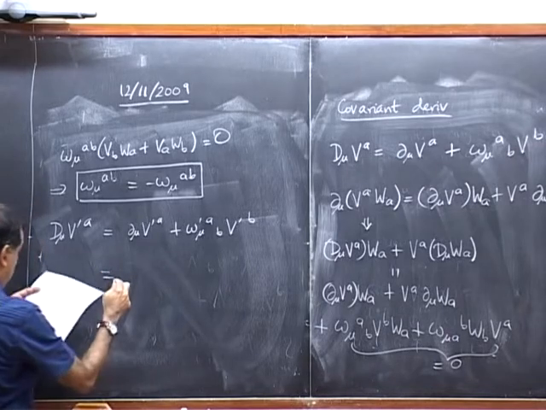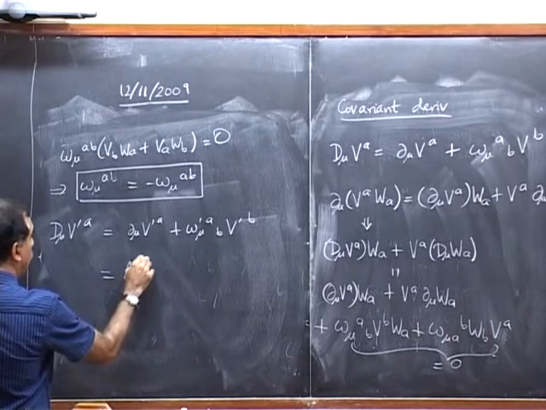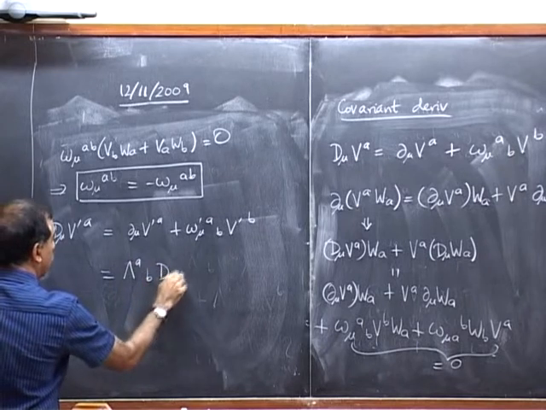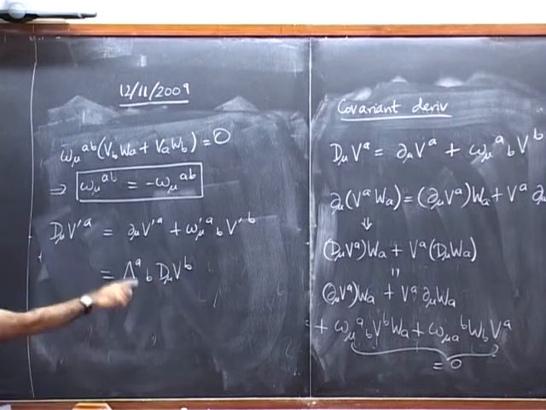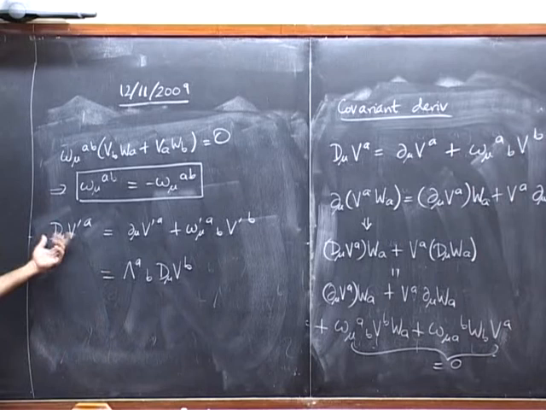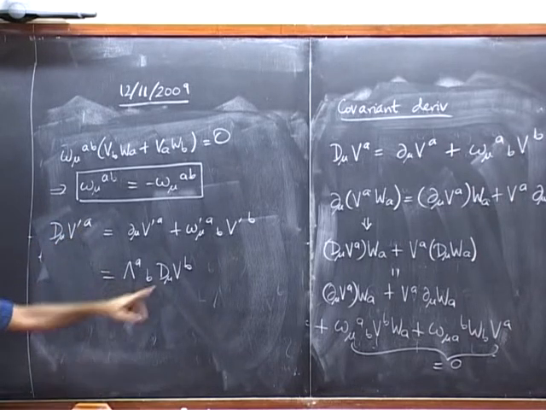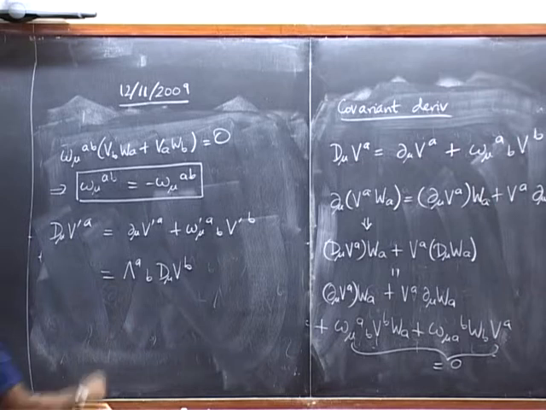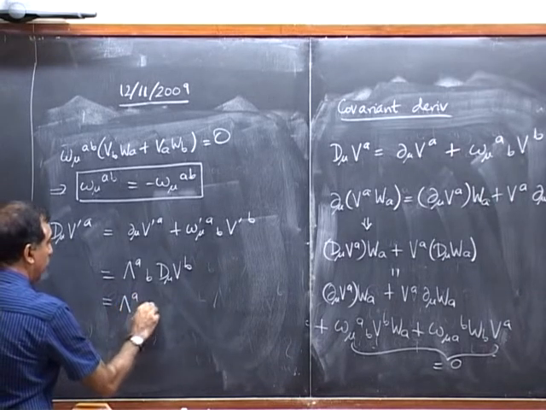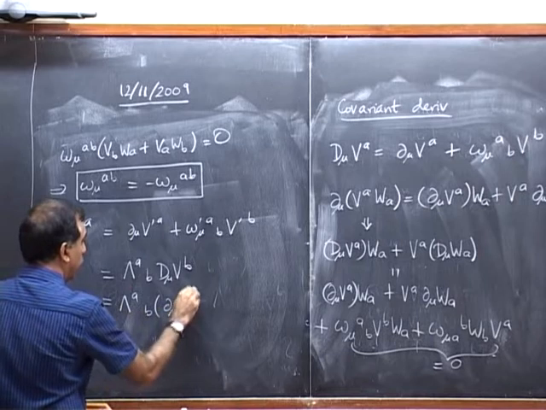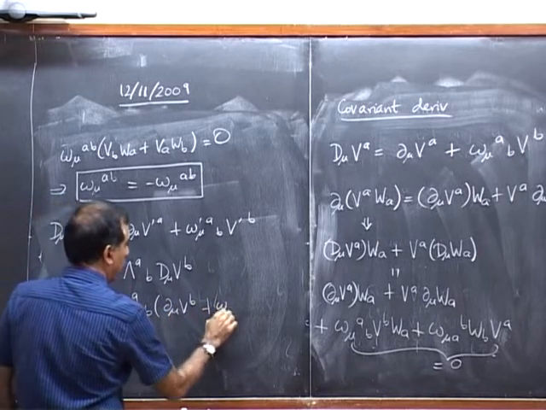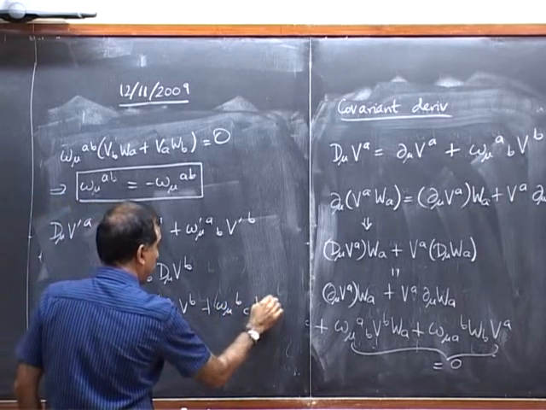But at the same time, this is also equal, we assume, to lambda ab D mu b b. This is our requirement, that even after differentiating, it should still be an LLT vector. So it should transform like this. Okay. And this is equal to lambda ab into d mu b b plus omega mu b c b c.